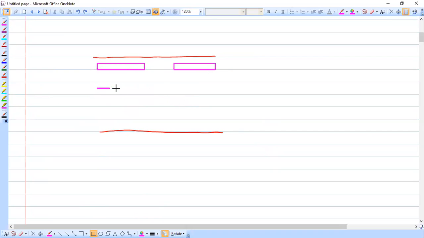Basically, we are drawing the diagram for the bands that we normally study. This is the important diagram.